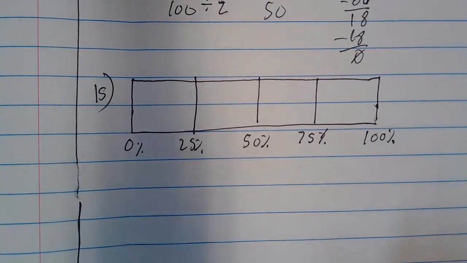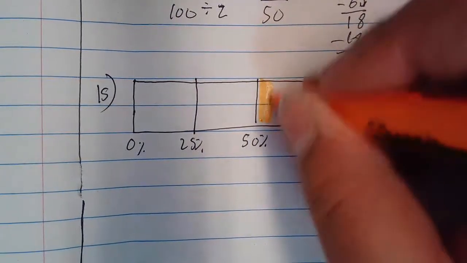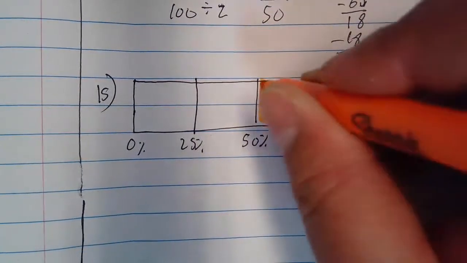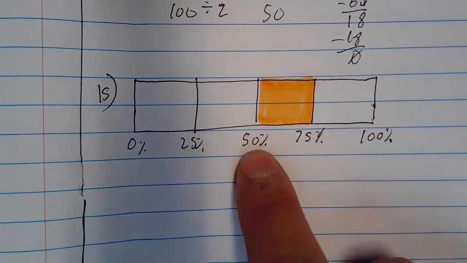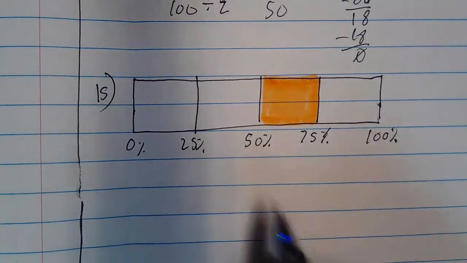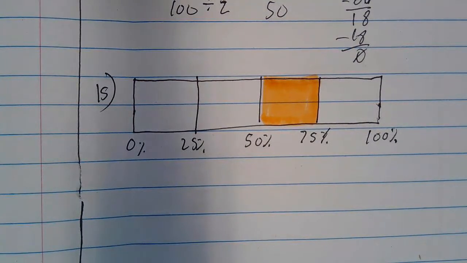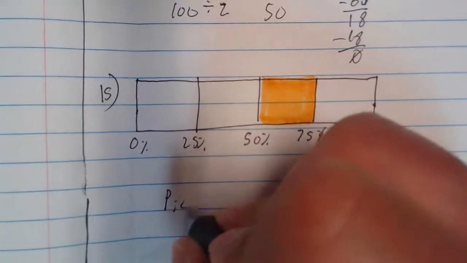The question's asking, write 3 fractions that can be written between 50% and 75%. We want fractions that are in between these 2 numbers. So 3 fractions. Think of 3 percentages. Any percentages between 50 and 75. Anything you want between.